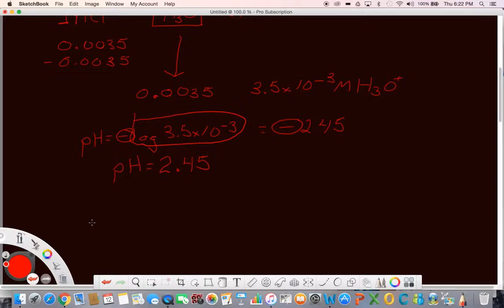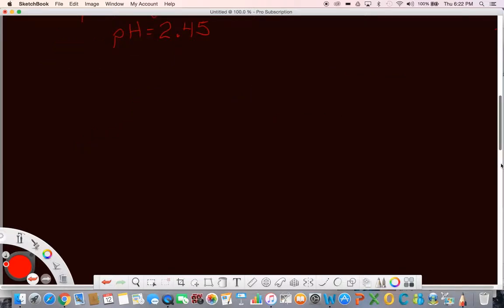As an example there. So if we have, let's say, a 0.00016 molarity NaOH, first of all you have to realize this is a base.